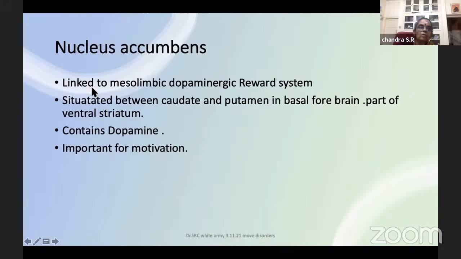So nucleus accumbens is linked to the mesolimbic dopaminergic reward system, and it is situated between the caudate and the putamen in the basal forebrain. It is called the ventral striatum, or part of the ventral striatum. Ventral striatum also includes olfactory tubercles and those structures, and it contains dopamine, important for motivation.